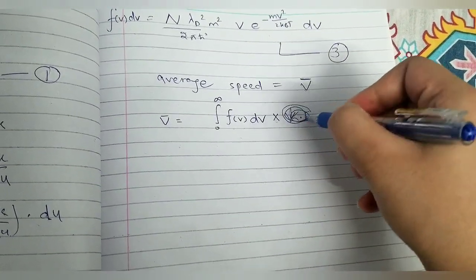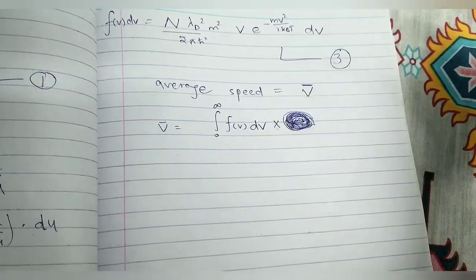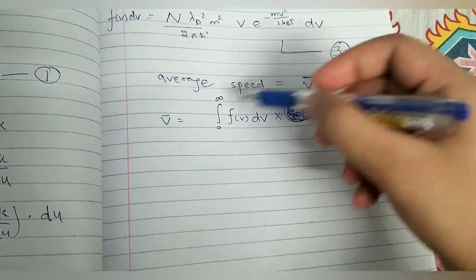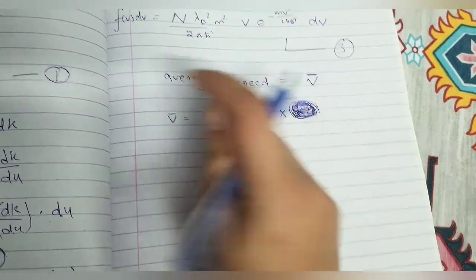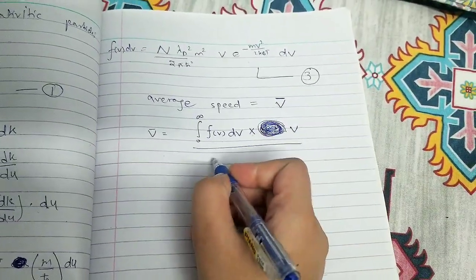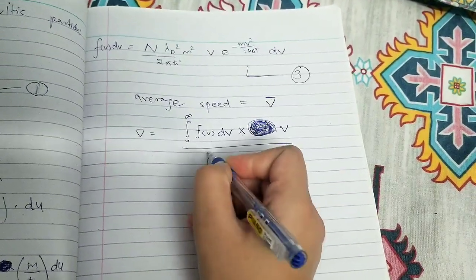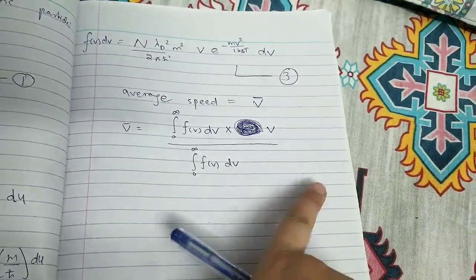It's a general formula for other averages as well. Since I want the average speed, this distribution function is multiplied by the speed, divided by the integral from 0 to infinity of the distribution function only, with no multiplication by speed.